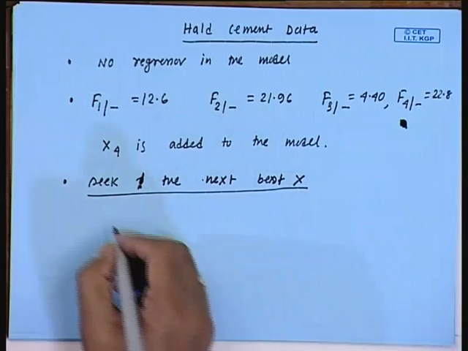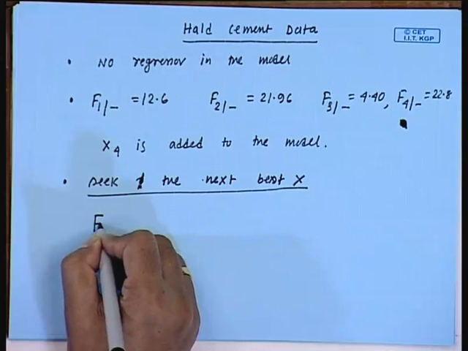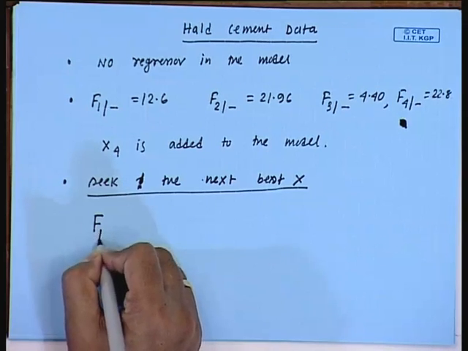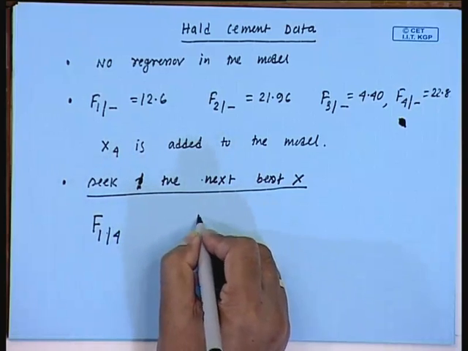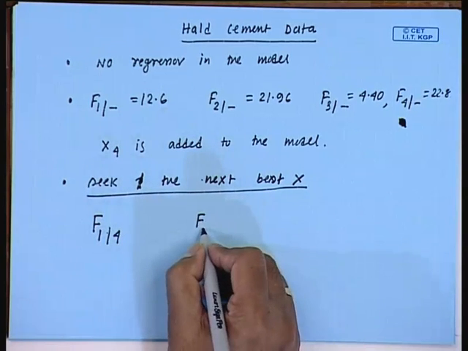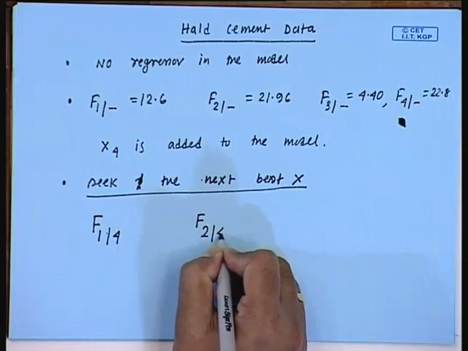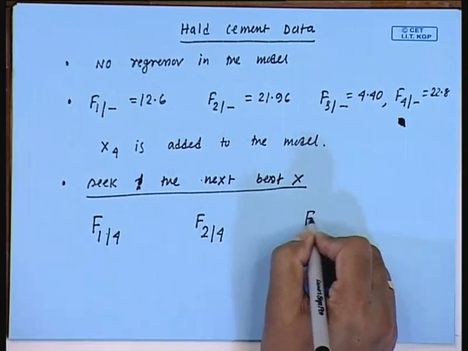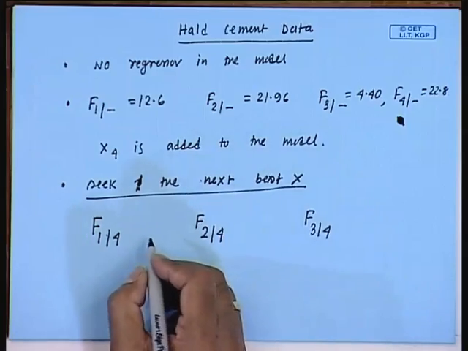For that, we check the partial F value for x1 in the presence of x4 in the model. We check the partial F value for regressor x2 in the presence of x4 in the model, and F3 4, from this table.